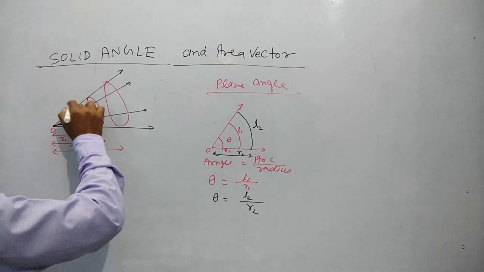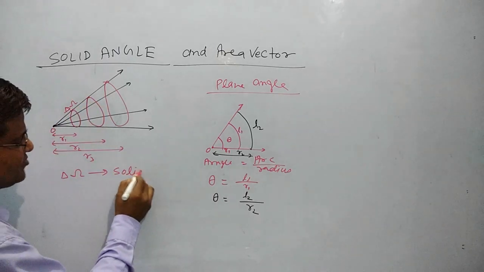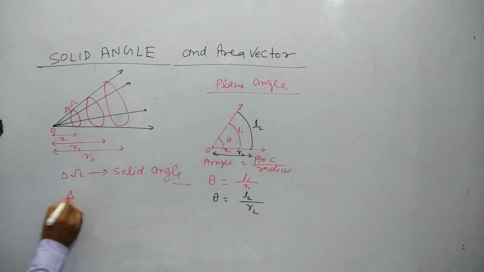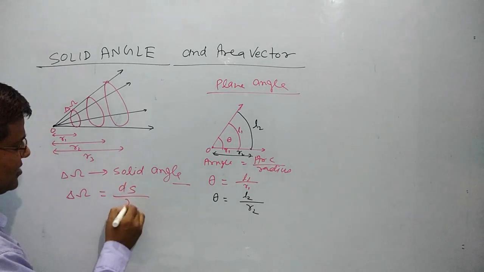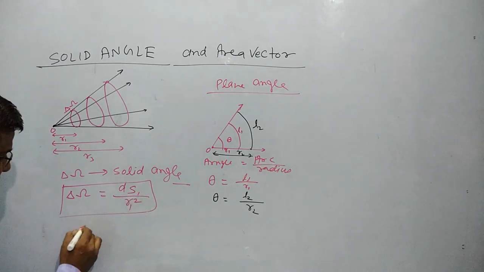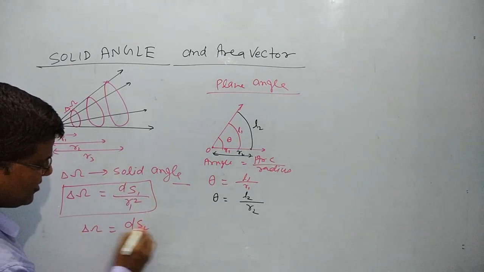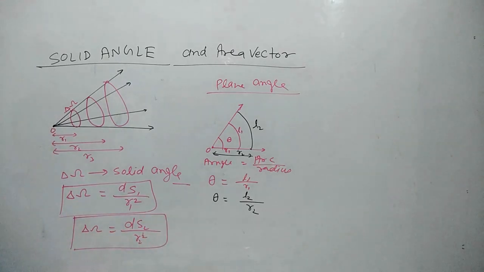This is the representation of solid angle. Delta omega is equal to a small area divided by R1 squared, this may also be ds1. Delta omega is equal to ds2 by R2 squared. This is called solid angle.